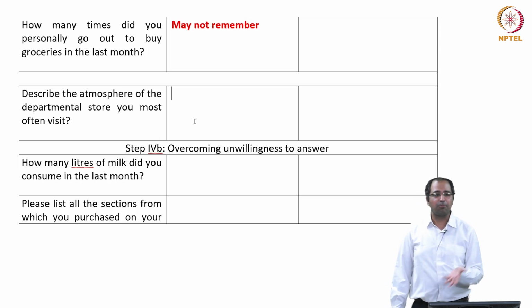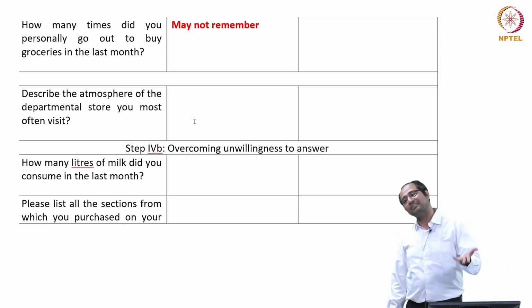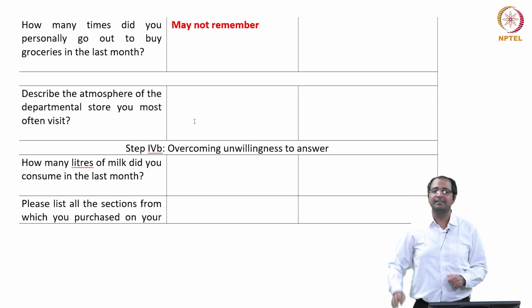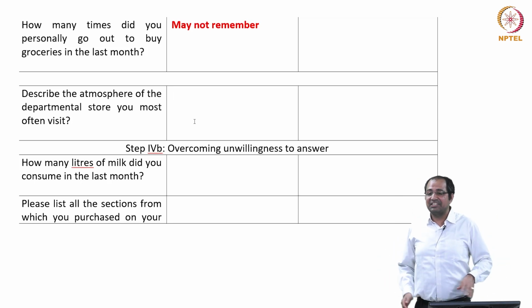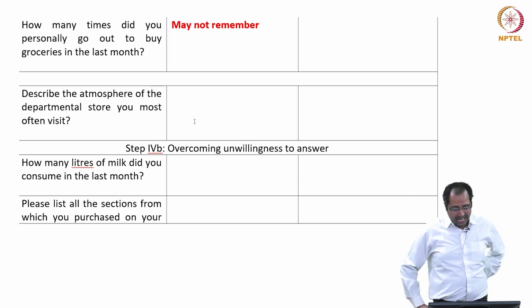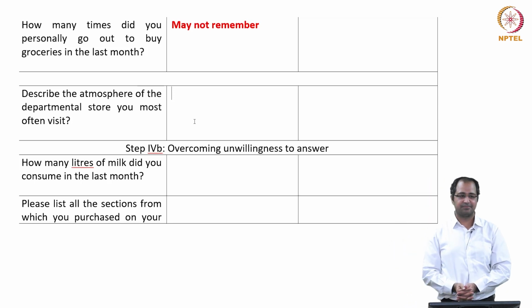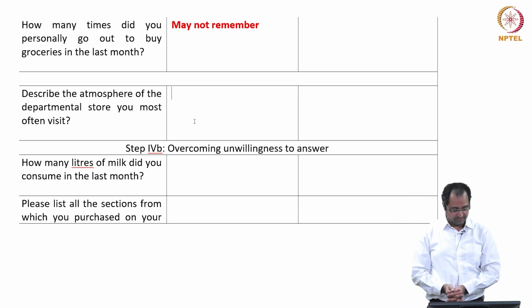If you ask this to a respondent, describe the atmosphere of the department store. First of all, atmosphere is a wrong word here. But let's say they understand, describe, you are asking somebody from the marketing class, describe the ambience of the department store you most often visit. What are the components of the store dimension?